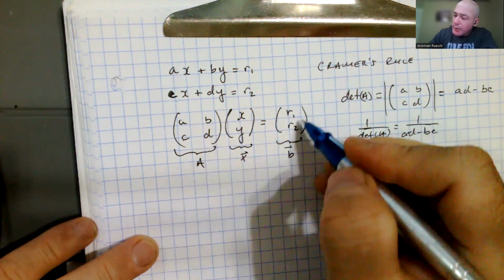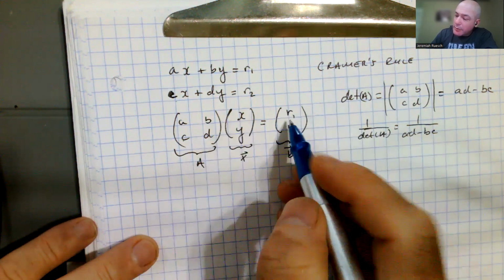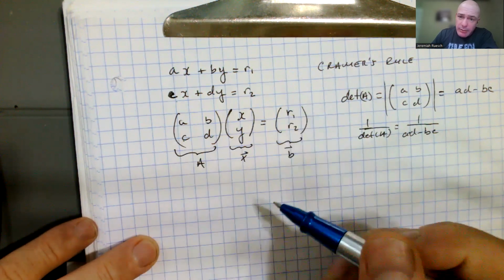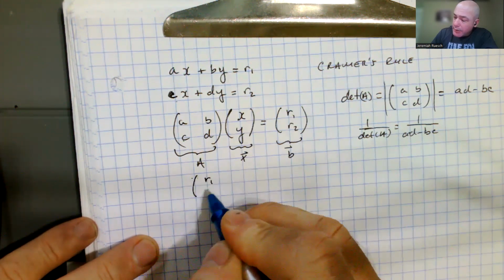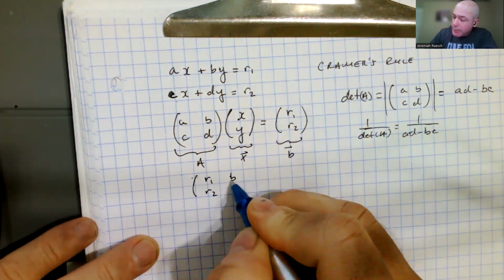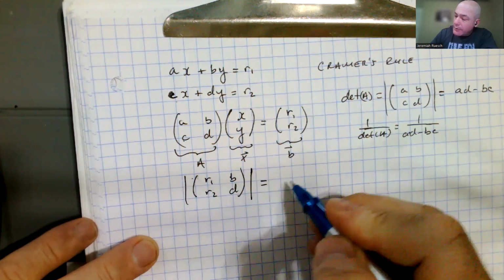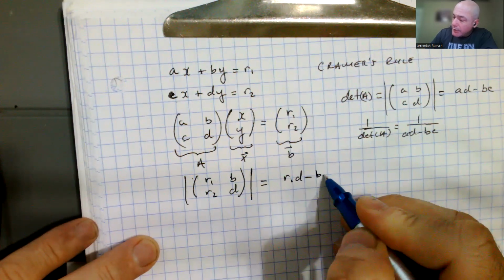Okay. So this is our column vector. And so to find out what our unknown X is, we're going to replace this column with our answer vector here and then compute the determinant. Okay. So we have R1, R2, and B, D. Okay. So we'll take the determinant of this and we get R1D minus BR2.